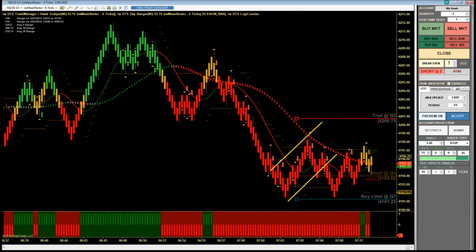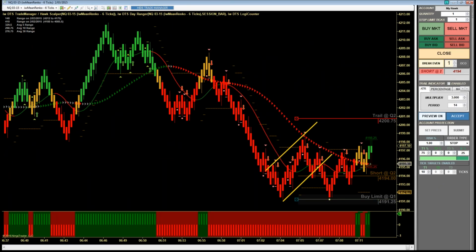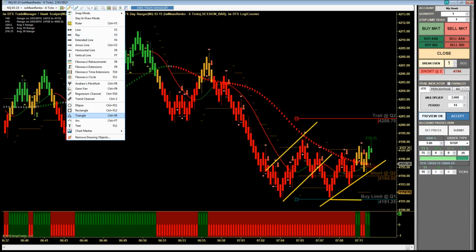Wow, what a tug of war. My goodness, look at this. We're into yellow bars now. The good news is we continue to hold this resistance area, but look, we keep making higher support as well.